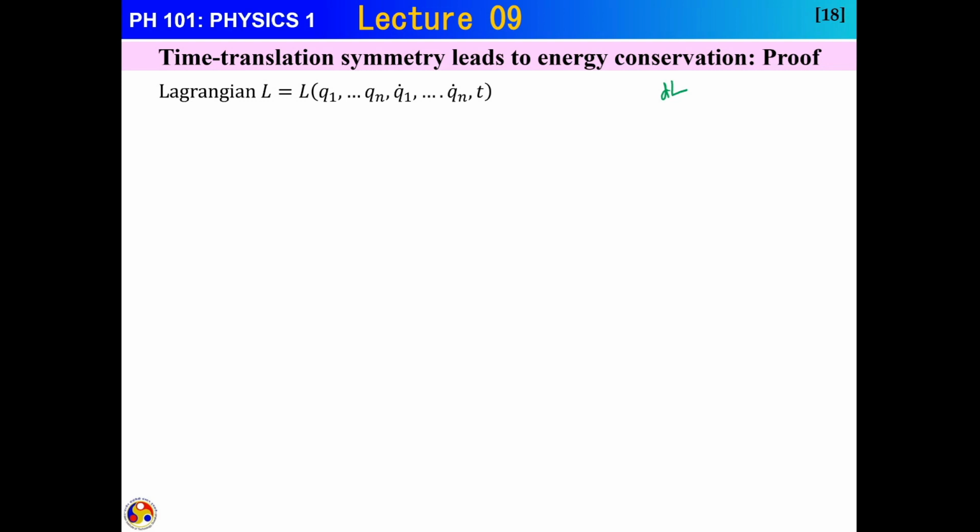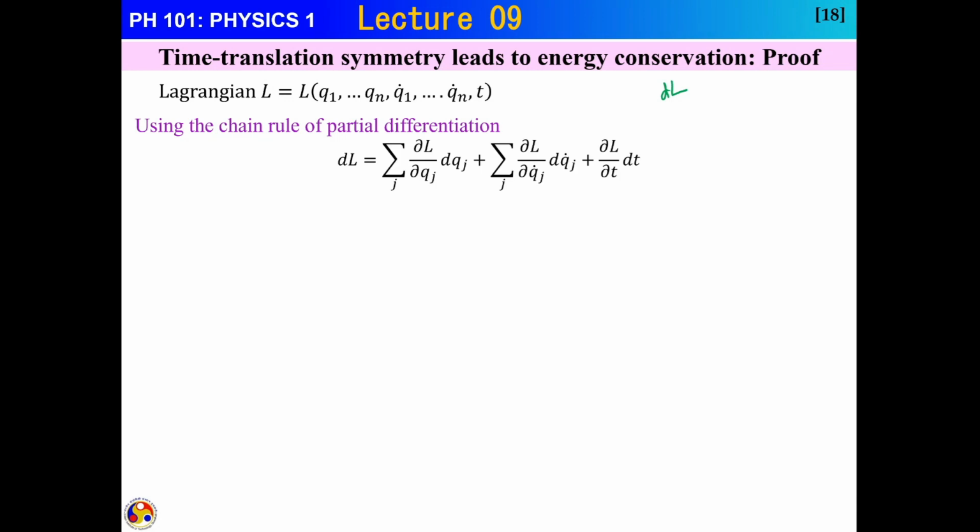Can we use the chain rule to do the partial differentiation to get dL? We can write dL as the partial derivative of the Lagrangian with respect to generalized coordinate, generalized velocity and time factor.